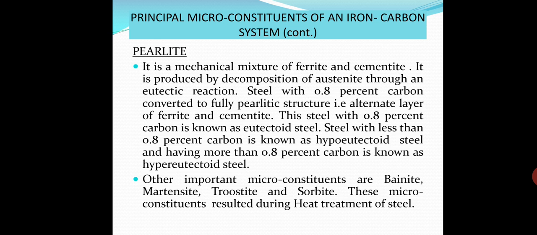So these will come in the iron carbon diagram. Remember, eutectoid steel percentage of carbon is 0.8%, and this eutectoid steel is fully converted into pearlite. Steel with less than 0.8% carbon is known as hypoeutectoid steel, and having more than 0.8% carbon is known as hypereutectoid steel.